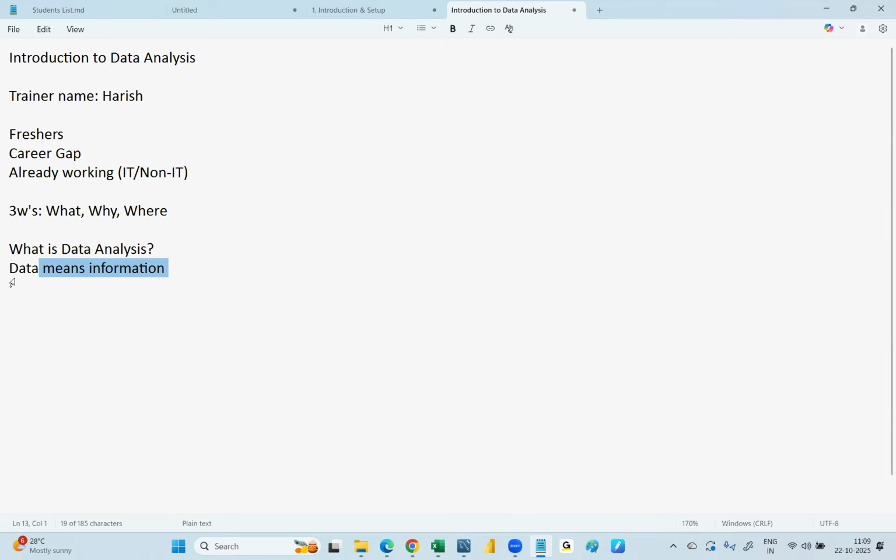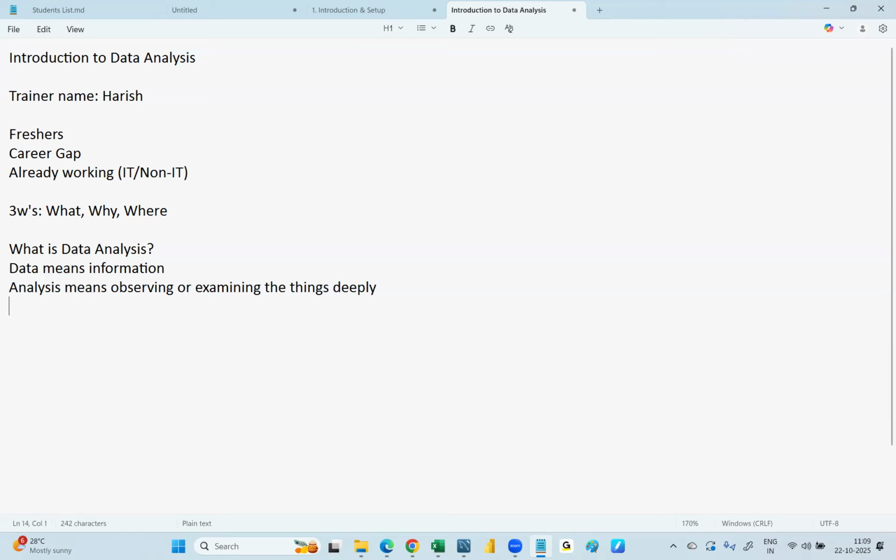So what is meant by analysis? The next thing is analysis. Analysis is simple: when you observe something or examine something deeply, we call that analysis. Observing, or examining the things deeply.